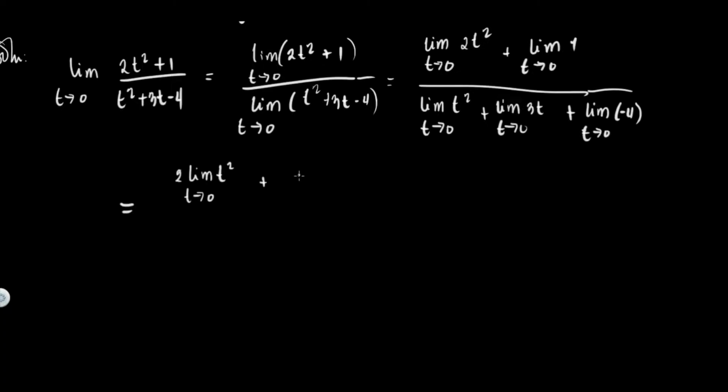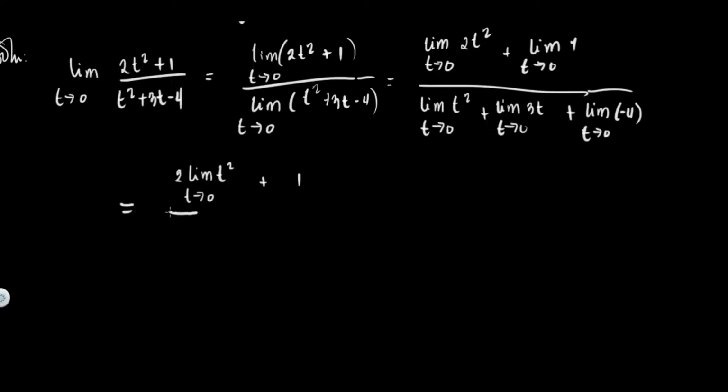Yung k, limit of k as x approaches a, no? Is k. So, limit of a constant is a constant. Kung k, k. Kung c, c, no? In this case, limit of 1 as t approaches 0 is 1. Kasi wala ka naman pagsasubstitutan ng t, no?